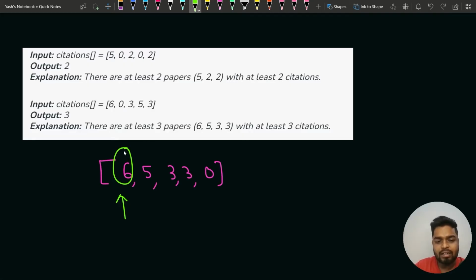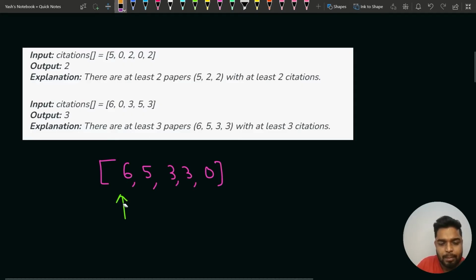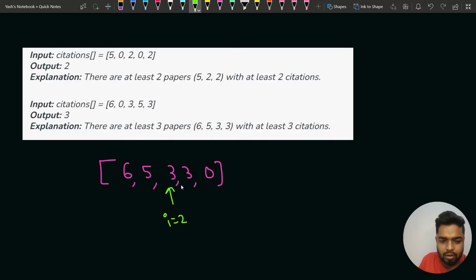We will first of all try to be on those papers whose value can be greater than the index. So right now, let's say I am at this particular index, so the value of I will be 2 here. The index is 2 here, and the element at this particular index is 3. Since 3 is greater than the index 2, you can say that the citation of I is greater than the index.